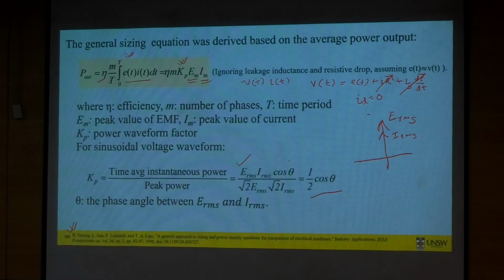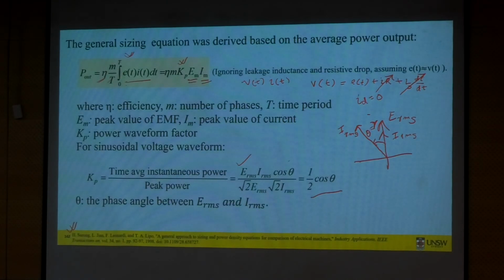In case of IPM, it is usually not 0. So your current is somewhere here. So this angle theta is not 0, but usually equal to a current angle that we define in our control, gamma, some gamma. That's how we define this angle, okay? Current angle. So theta could be 0, or it could be some angle based on our motor types.